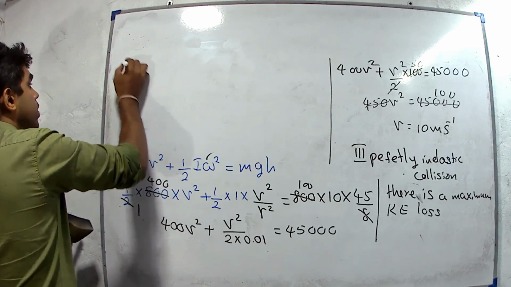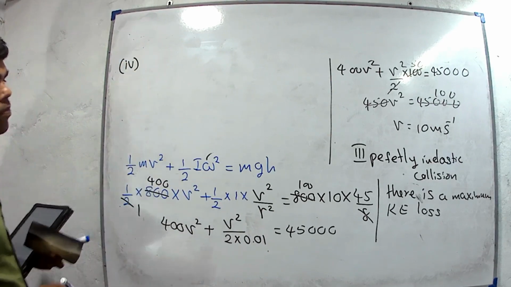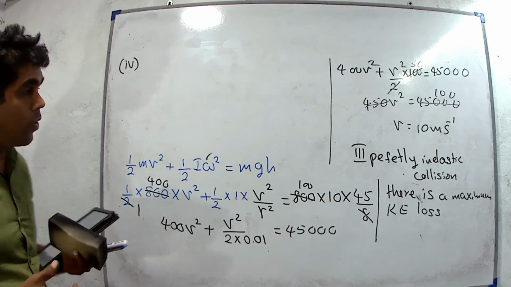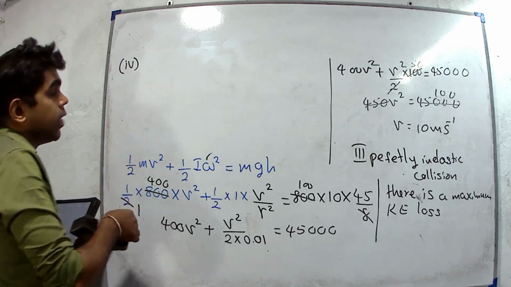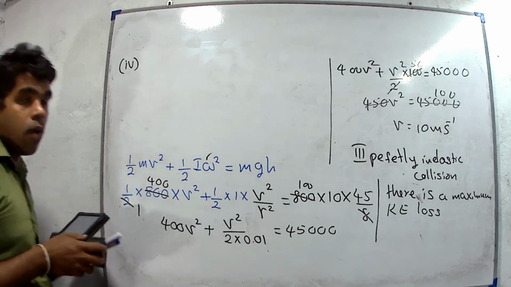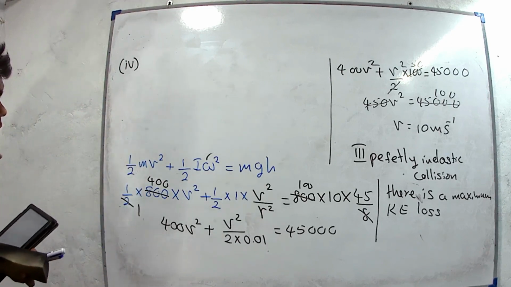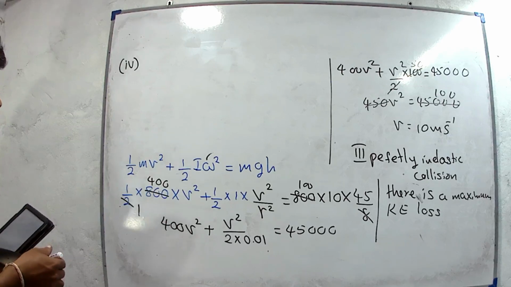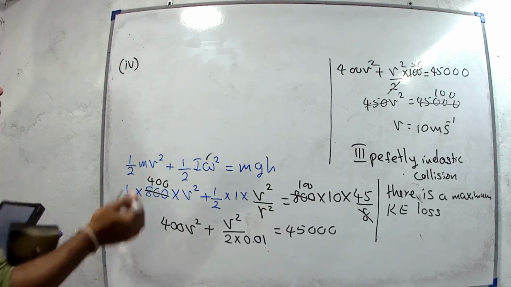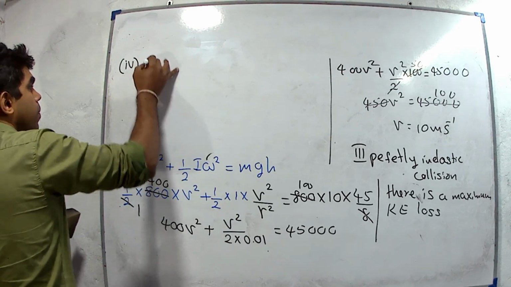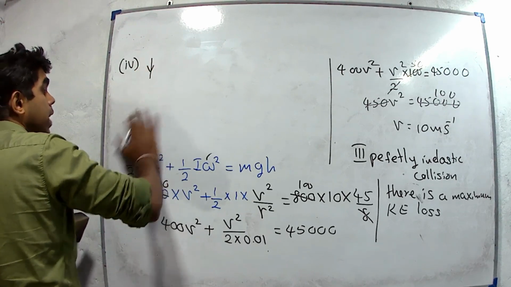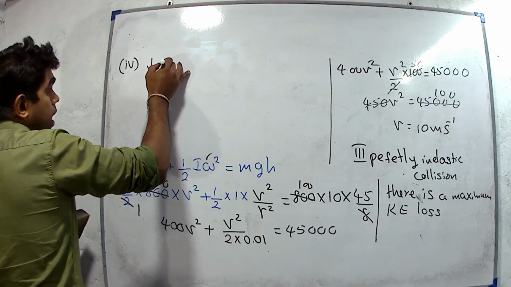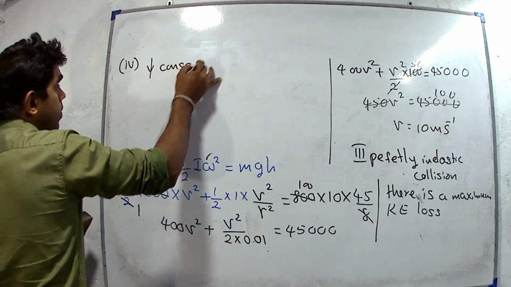In part 4, they have not given anything about the tension of the cord, but we know that when colliding objects, the cord will shrink and the tension of it is 0. Therefore, it is not depending on the motion, not depending on the collision. Then we can use conservation of linear momentum.